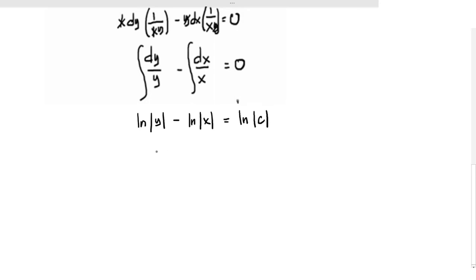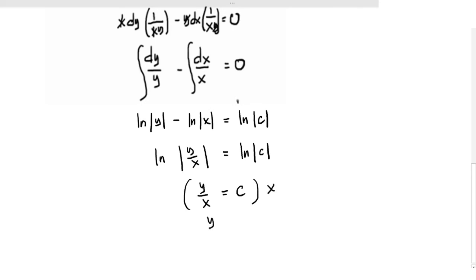We have ln of y over x, and that is equal to ln c. From this equation, we have y over x is equal to c. Then multiply the whole equation by x, and we have y is equal to cx. And this is our final answer.